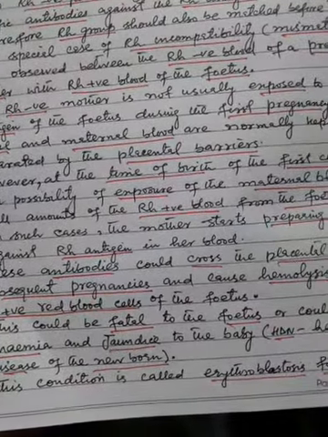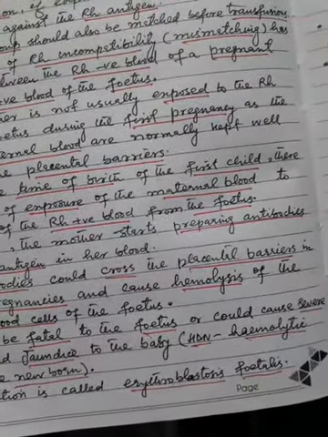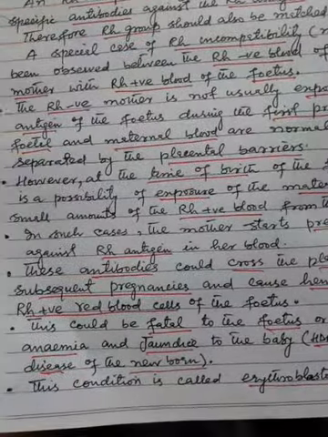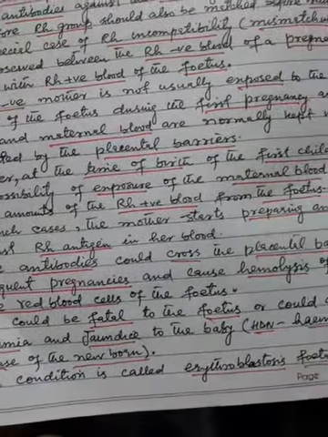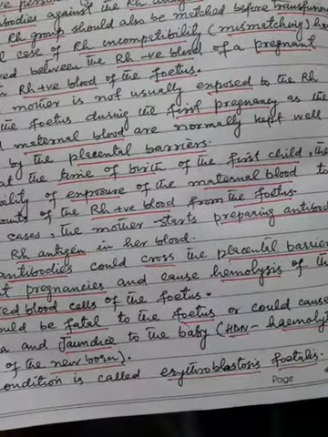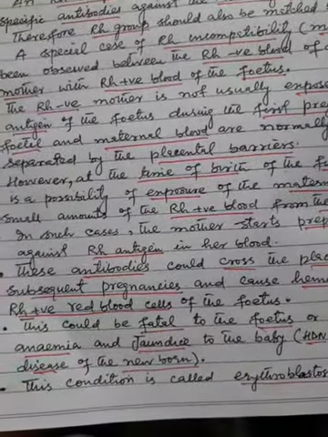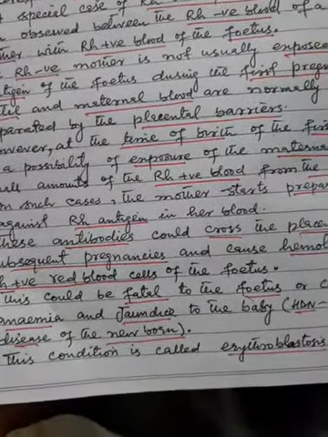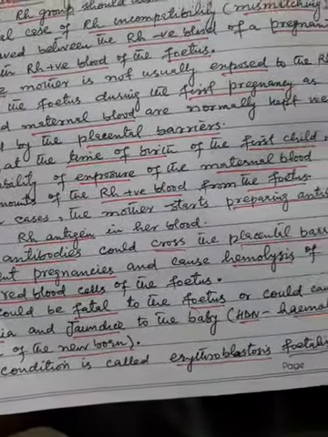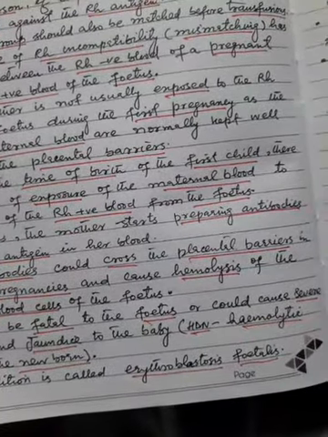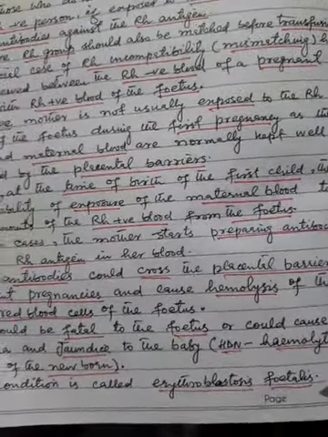This could be fatal to the fetus or could cause severe anemia and jaundice to the baby, that is HDN. HDN stands for hemolytic disease of the newborn. This condition is called erythroblastosis fetalis.